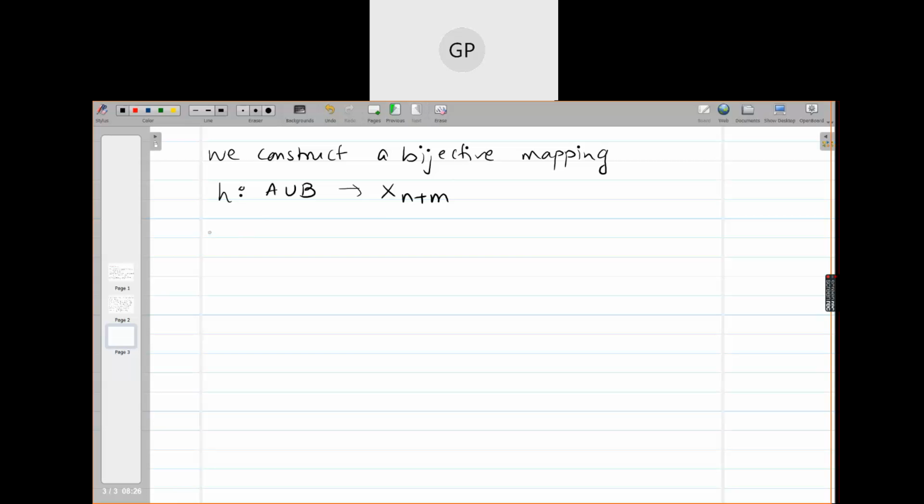So for this, we rename the elements of A and B as follows.